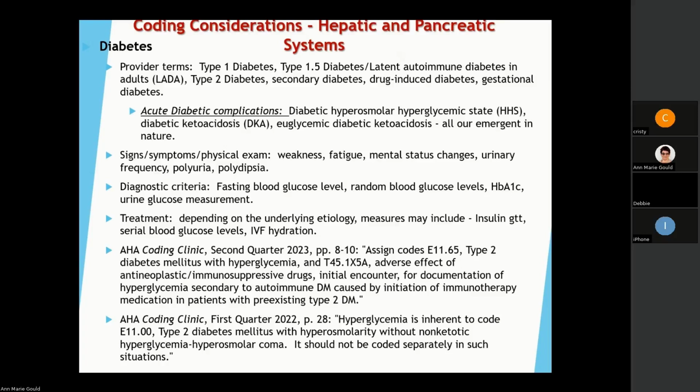They'll do random blood glucose levels. They'll also draw an HbA1c, right? Because that'll give you an idea of how severe their diabetes is. Especially if they're a new onset diabetic, and their doctors are saying they're a type 2, they're going to draw a hemoglobin A1c to see what level it is, and usually if it's consistently over 6 or higher, they are considered a diabetic.